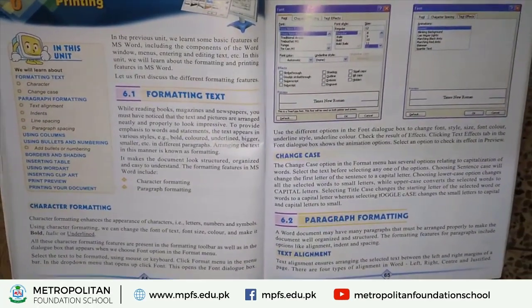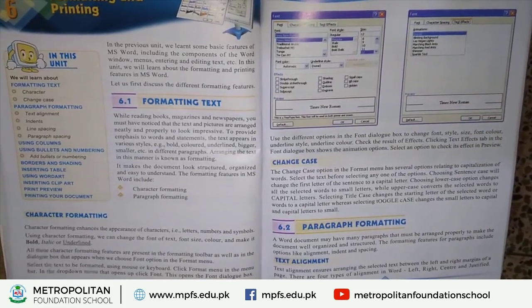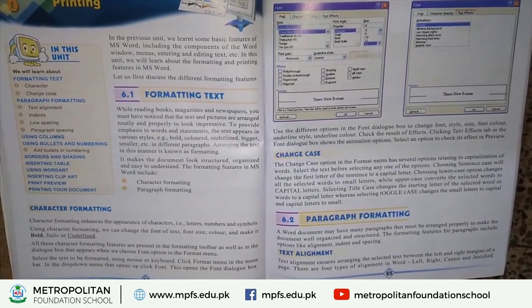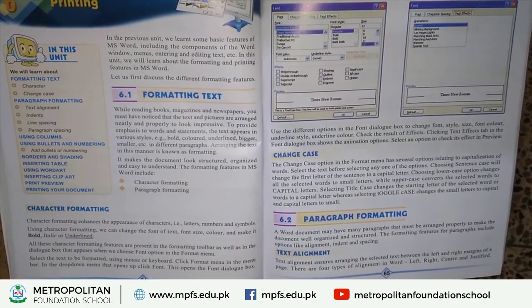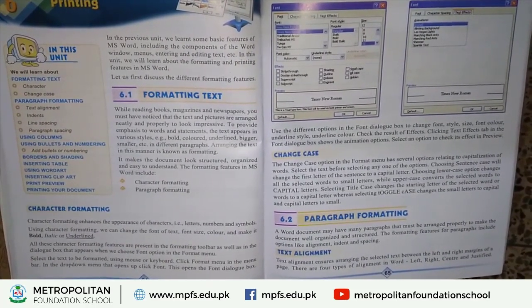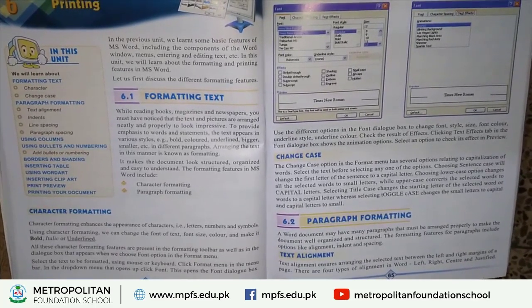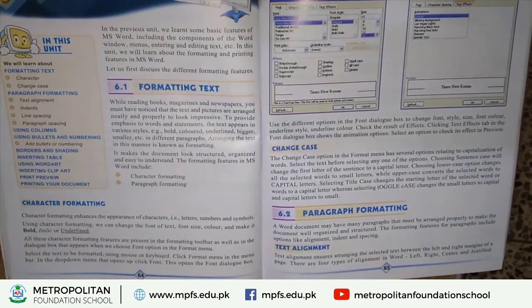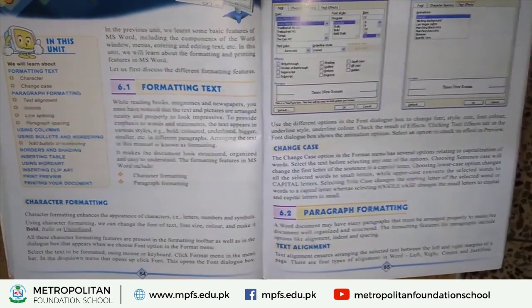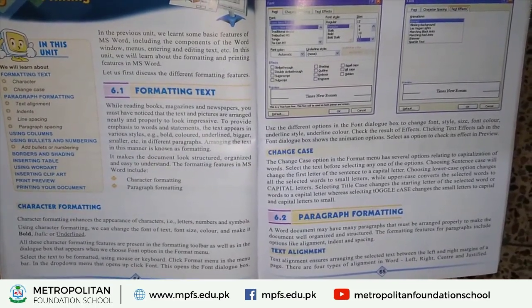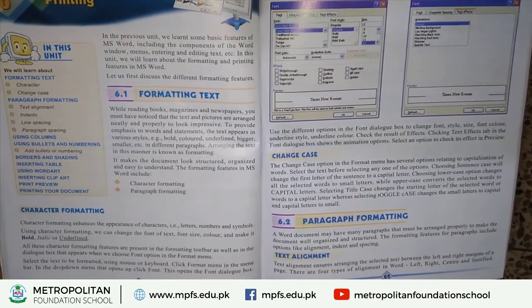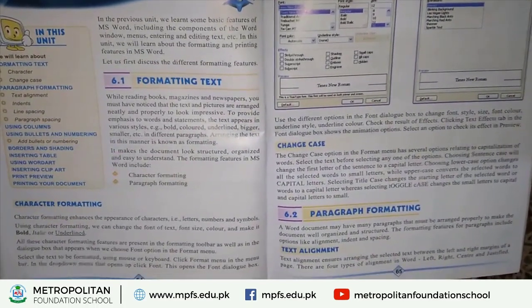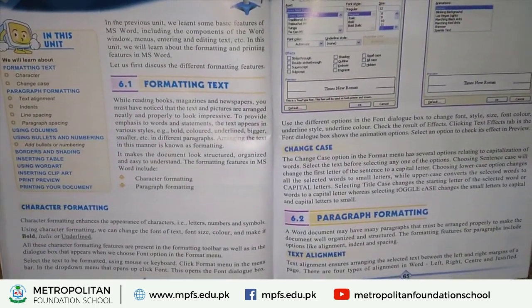To provide this type of look in Word, the text appears in various styles: bold, colored, underlined, bigger, smaller, etc., in the different paragraphs. Arranging the text in this manner is known as formatting. All of these things, paragraph arranging, text arranging, is called formatting.